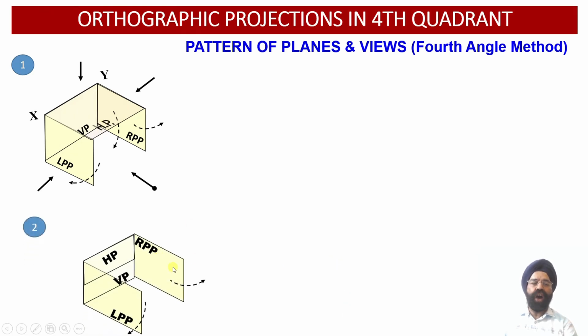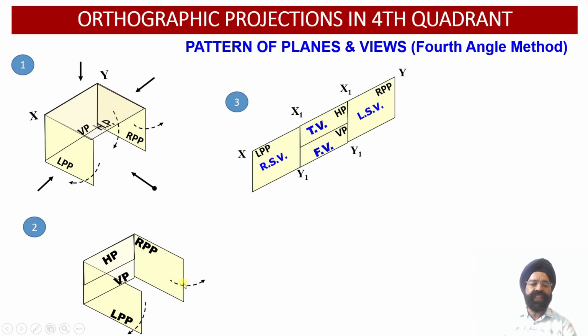Next, we can see how the different planes are opening up. So HP and VP are going to coincide. Left profile plane is moving towards the left side. Right profile plane is moving towards the right hand side.